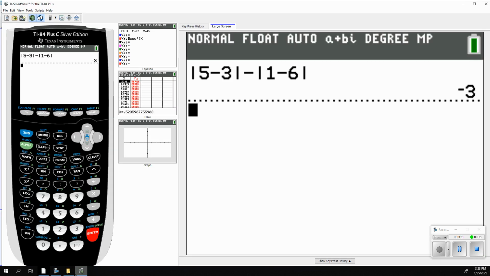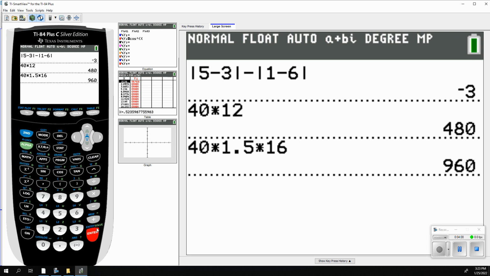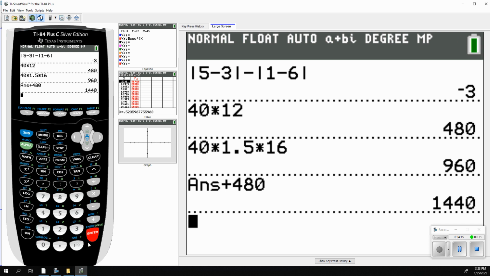The regular pay would be 40 times 12. That's 480. And then 40 times 1.5 for 16 hours of overtime. So you'd add that to 480, and that would be your pay, which is 1440.